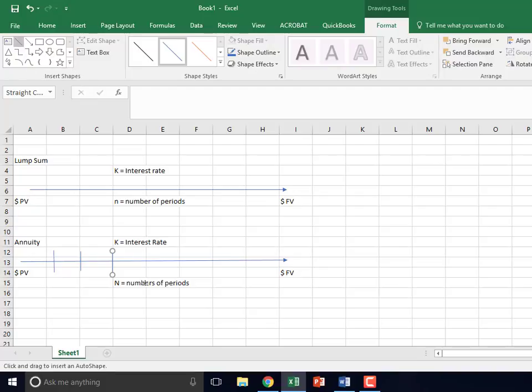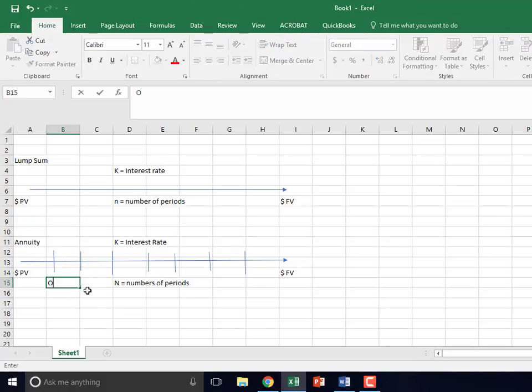So at regular intervals, I am depositing more money. And that's called an annuity. Each one of these along the timeline is a payment. So that is denoted PMT for payment.